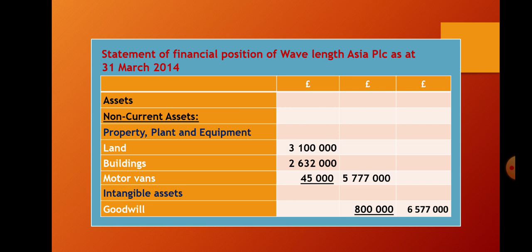And motor vans also at carryover value, which is 45,000. So the total of property, plant and equipment is 5,777,000. And under intangible assets, we have goodwill, which is 800,000. And the total of non-current assets would be 6,577,000. Now we will look into the current assets.